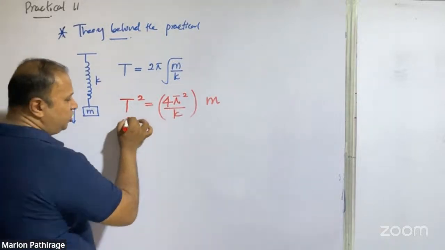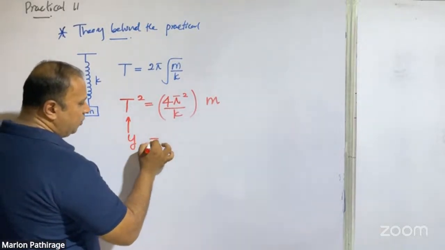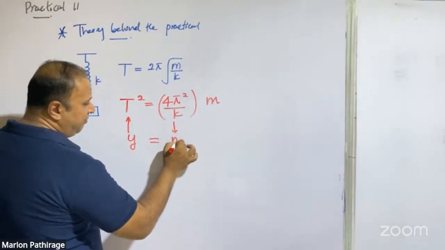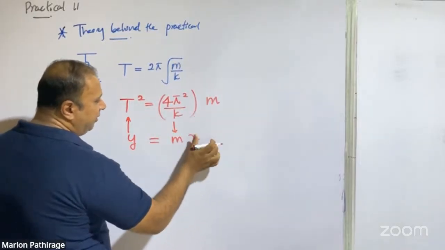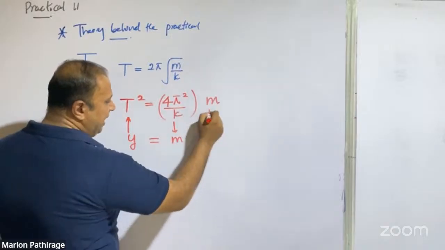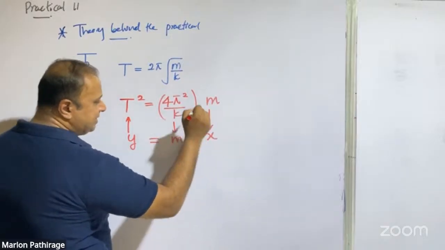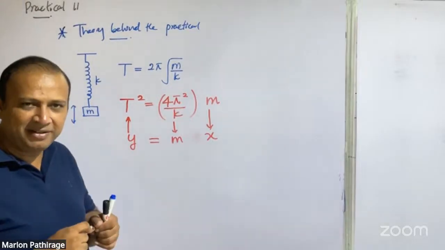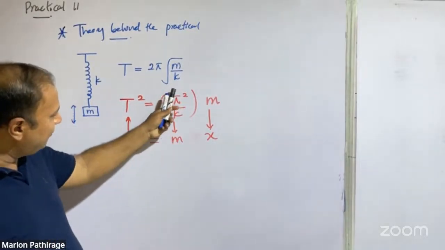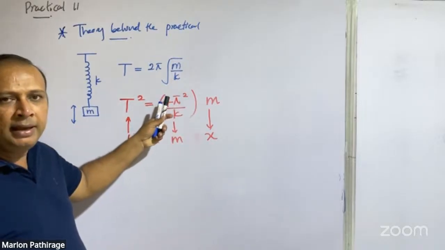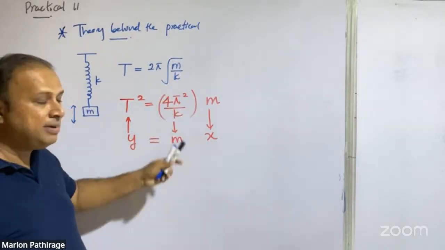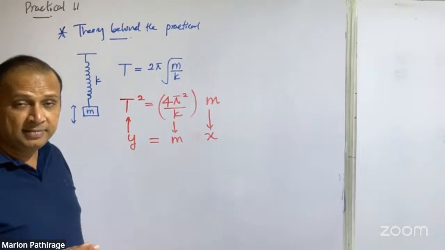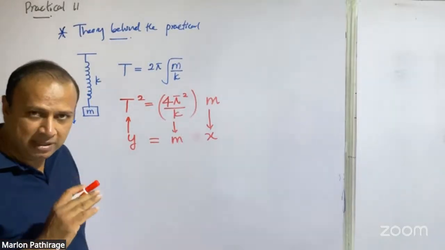definitely this should be a y equals mx type graph. It is very clear that 4π squared is a constant, and K, the spring constant, is a constant for a particular spring.